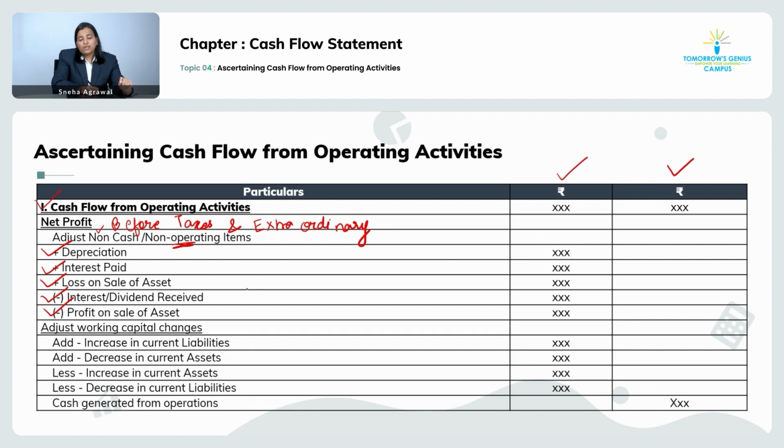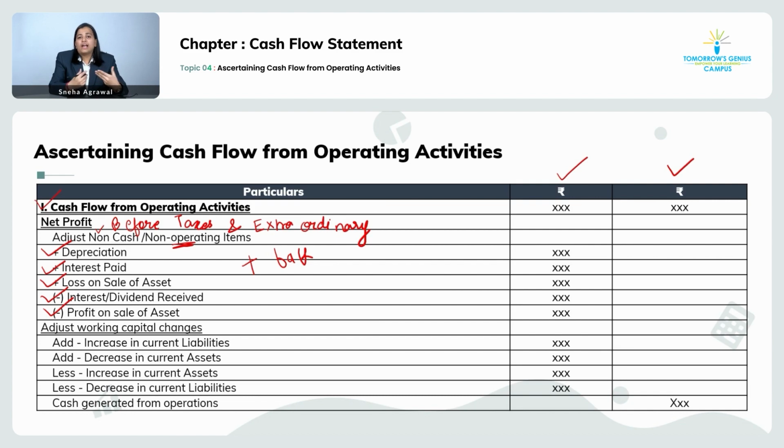If they are not part of my operating activity, why would I add them to or deduct them from the net profit? Whatever you have debited or deducted from the net profit is to be added back. Depreciation, I have deducted. Interest paid, I have deducted. Loss on sale of asset, I have deducted.